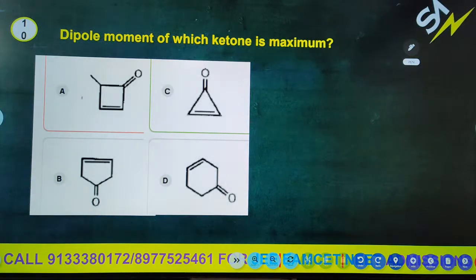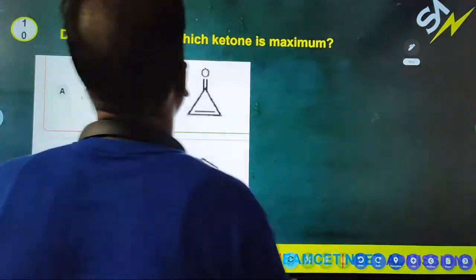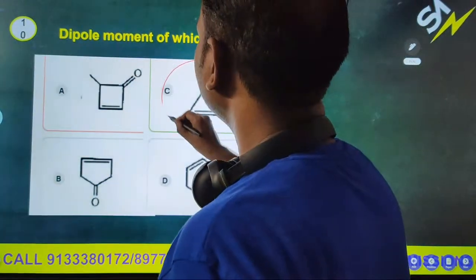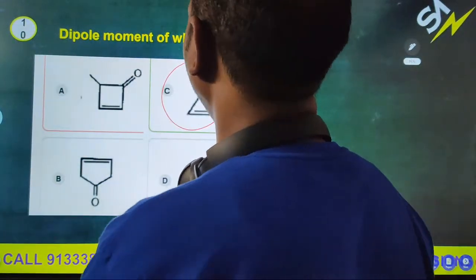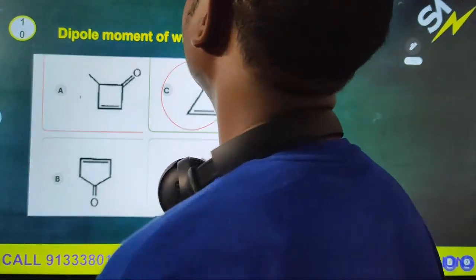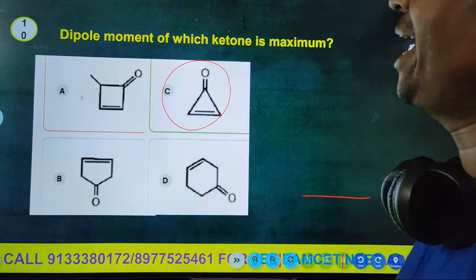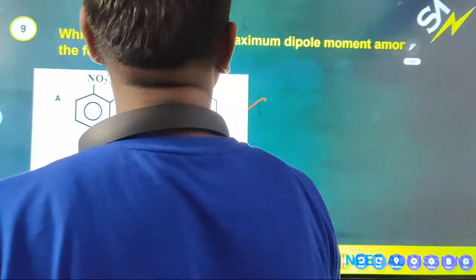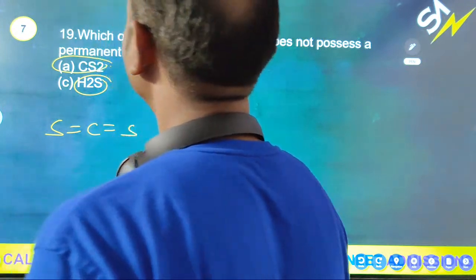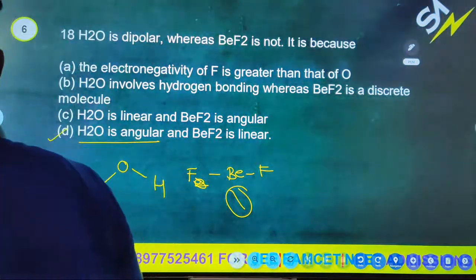Now our work is to find out which ketone has the maximum dipole moment. So here ketone C has the maximum dipole moment. By this way we got these dipole moment examples, explained once again for us.